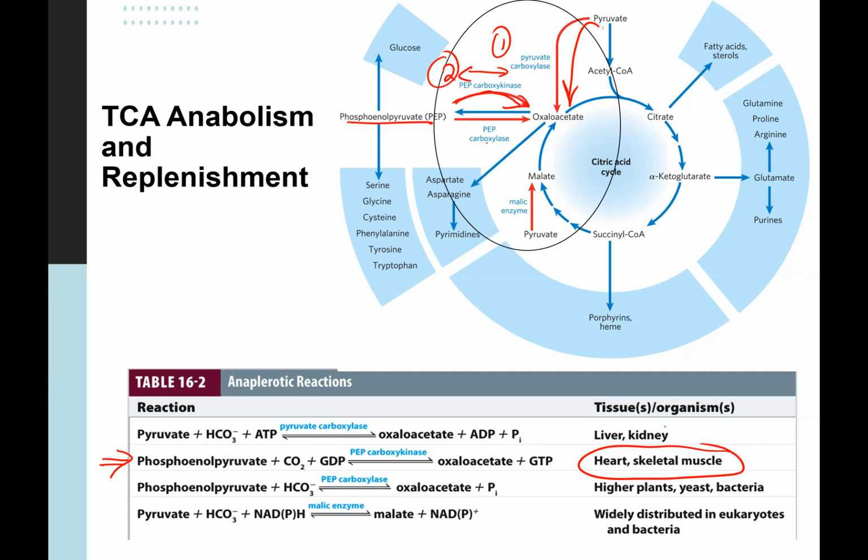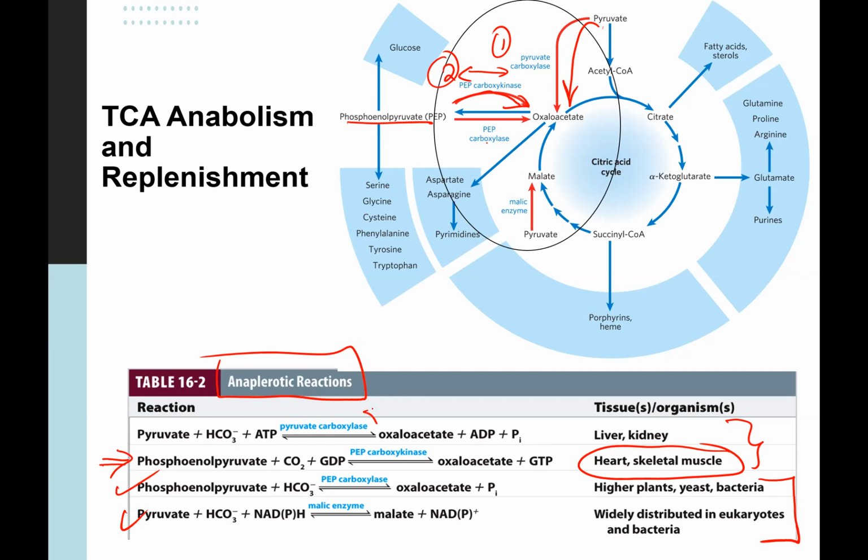And we can actually get oxaloacetate out of that as well, depending on the direction, if it's going in the opposite direction from what we learned about it. This is for mammalian organisms. There are also replenishing reactions for plants. There are other examples. These are all just examples of anaplerotic reactions.